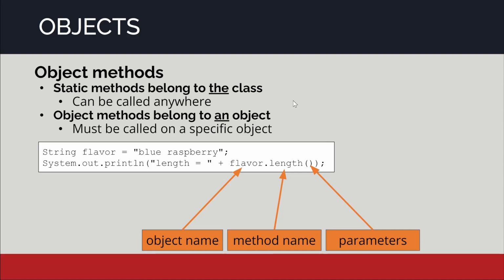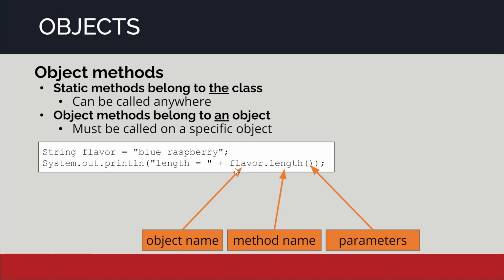If you have an object method, you cannot call it using the class's name because it belongs to a certain object. You have to say which object. Like, what object are you talking about? You have to refer to the name of the object and then the method name. And that's where we see the syntax down here. flavor, which is a single object, not the class String, dot length, that's the method name, and then we give in parameters. length doesn't take parameters, so it's just empty.